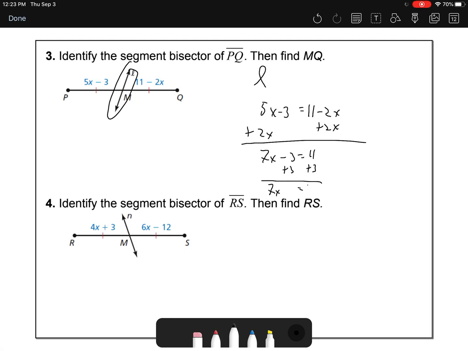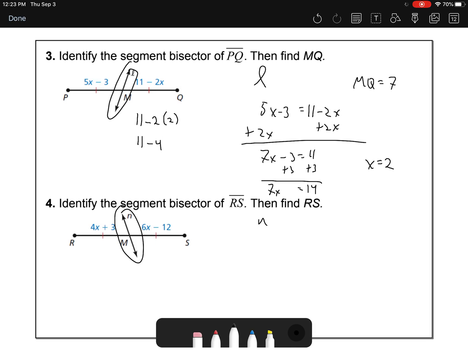Then we're going to add 3. And 7x equals 14. Divide by 7. Everyone knows that's 2. Now we're supposed to find MQ. So that would be 11 minus 4. So MQ is 7.